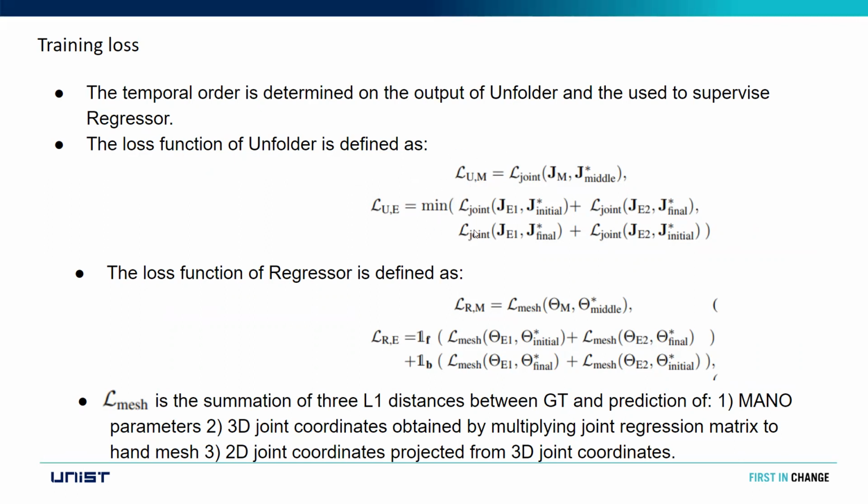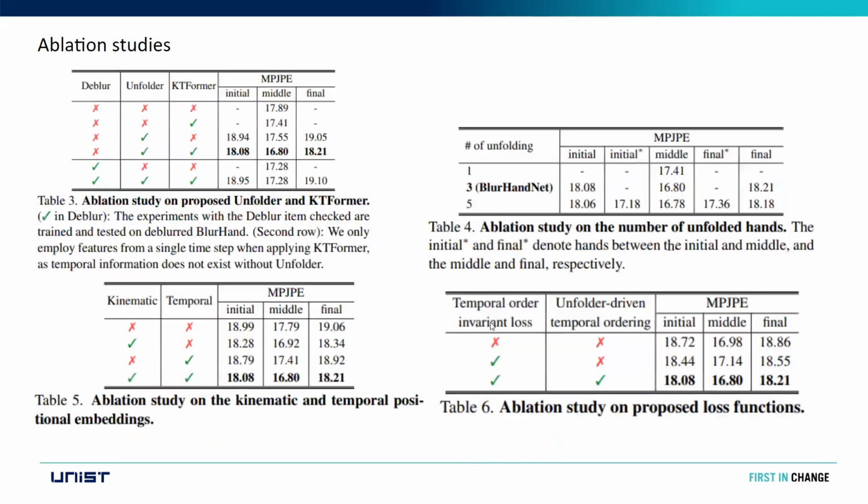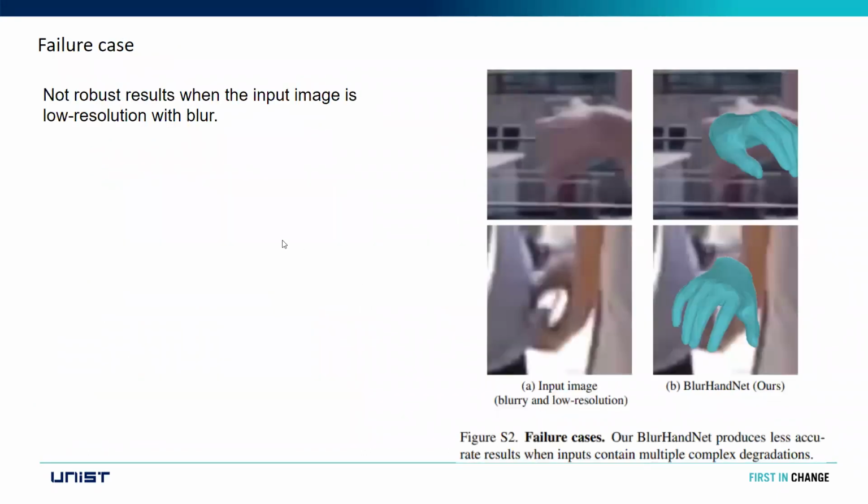The unfolder has its own temporal order and the regressor has its own temporal order. And obviously, again, it performs worse than if we use only the unfolder-driven temporal order. And they also show some failure cases. If the image is in low resolution and has very complex degradations, it does not perform well.